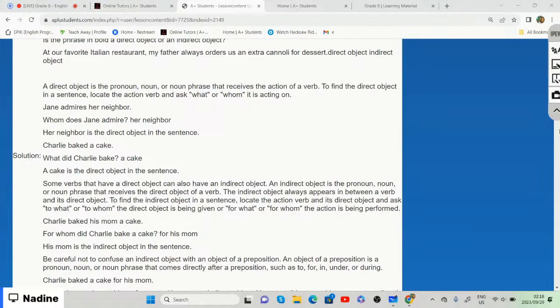And what did Charlie bake? Charlie baked a cake. So you ask yourself, what did Charlie bake? It was a cake, which means that a cake is the direct object within that sentence.